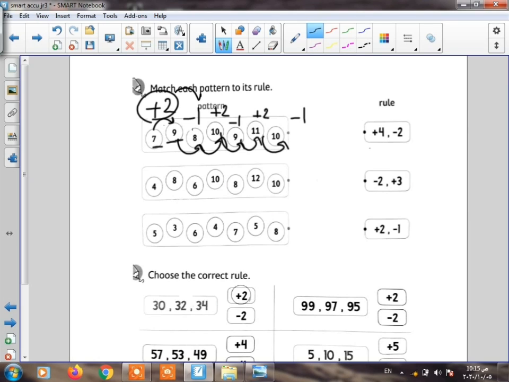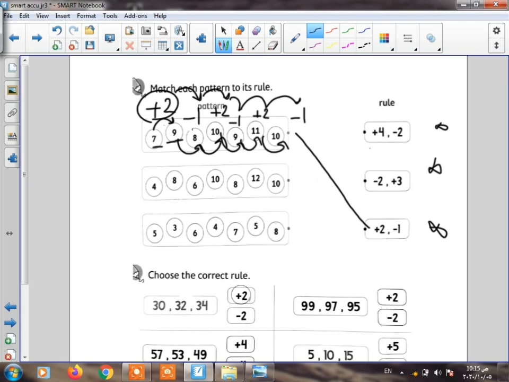Then we made -1. +2, -1. +2, -1. So which one of these rules is our rule for the first pattern? +4 -2, or -2 +3, or +2 -1. Match. We have here +2, -1.